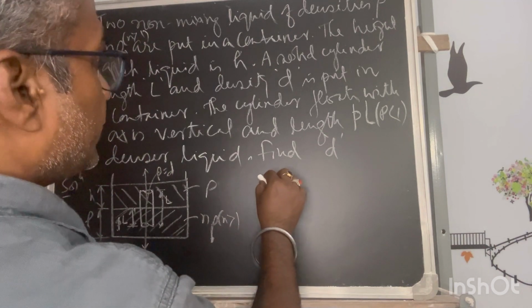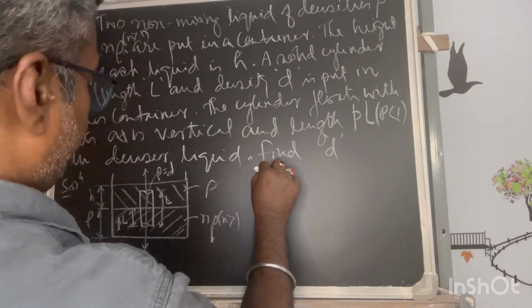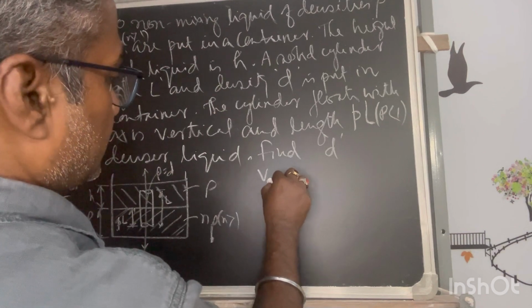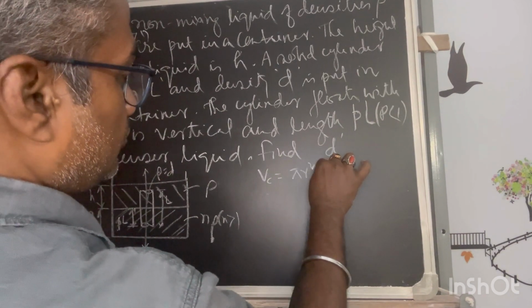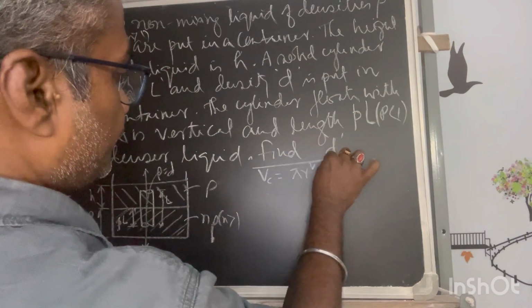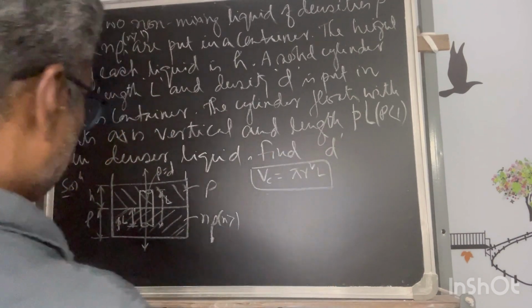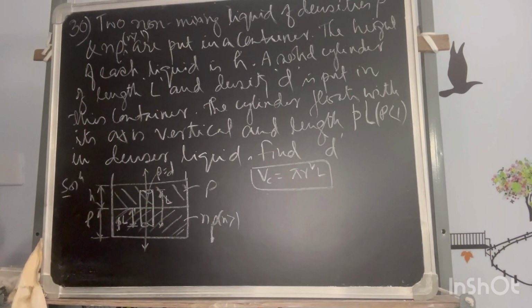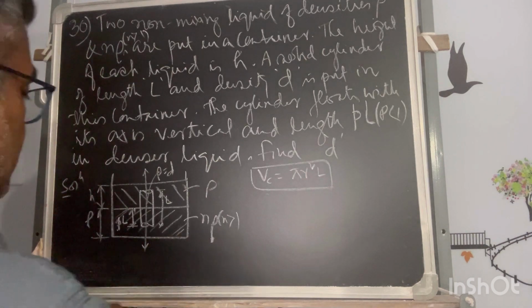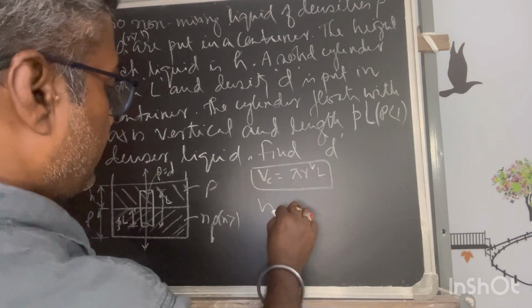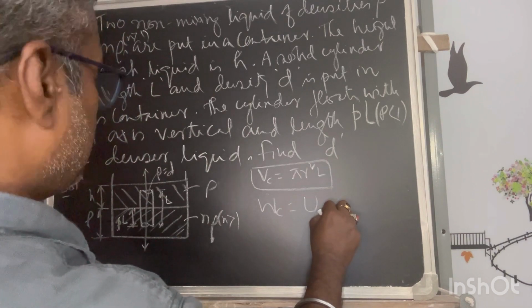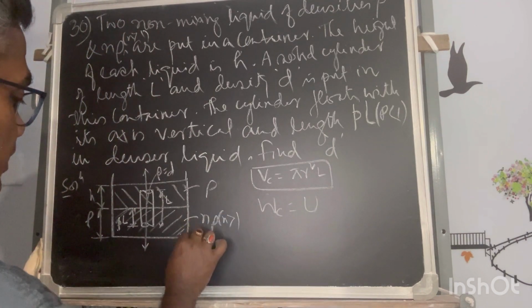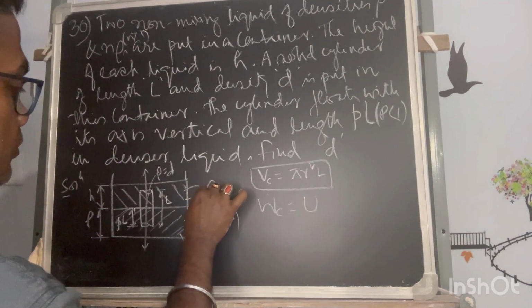Now the volume of the cylinder, if I take the whole length, is equal to pi r square into L. Now this part is inside the denser liquid. So the weight of the cylinder is equal to the upthrust. If I name it liquid 1 and this liquid 2, the upthrust is due to liquid 1 and liquid 2.